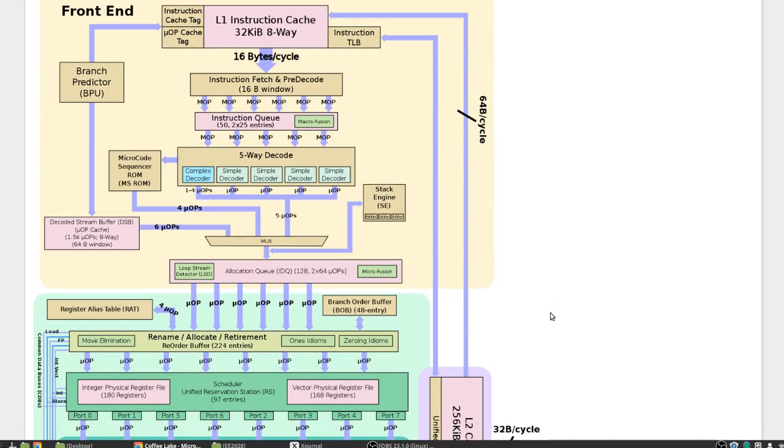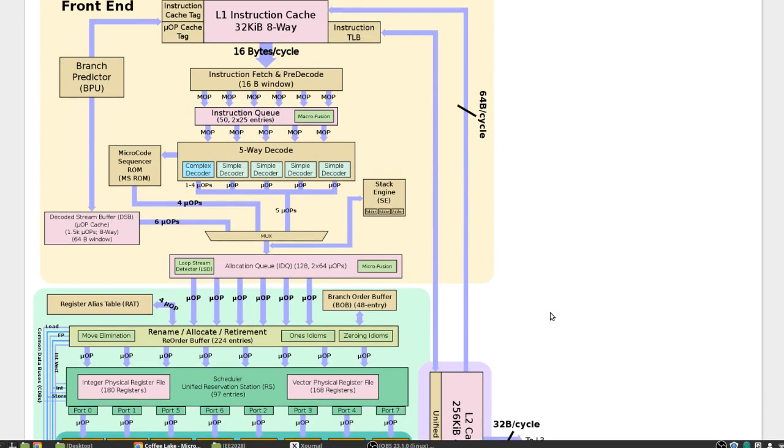So this is the microarchitecture of the Coffee Lake processor, how exactly it looks from inside. In fact, it's a bit hard to understand, but you will still find it a bit familiar, some of the things here and there.